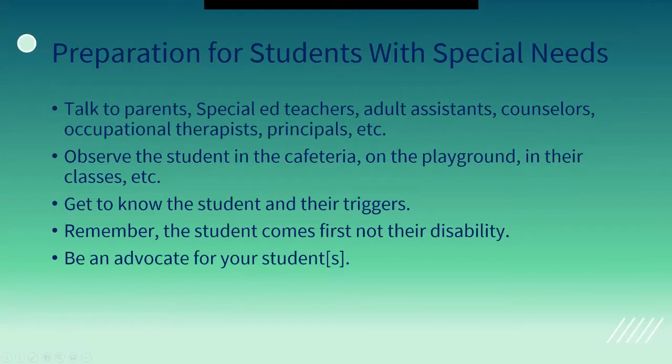Okay, so one of the first things you're going to want to do is to prepare. You're going to want to first talk to the parents, students, special education teachers, adult assistants, counselors, occupational therapists, principals, pretty much anyone that deals with that student, just to get their insight and maybe talk to them about that student and their triggers, or anything that they can tell you is going to be important.